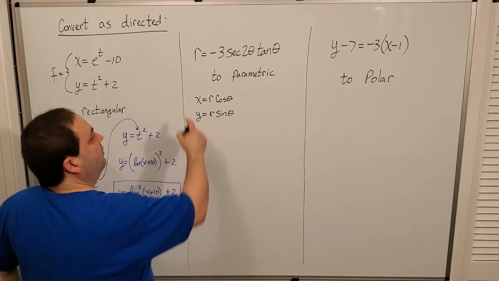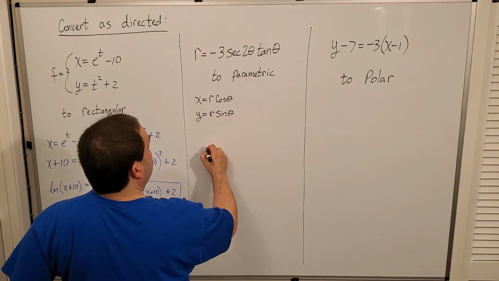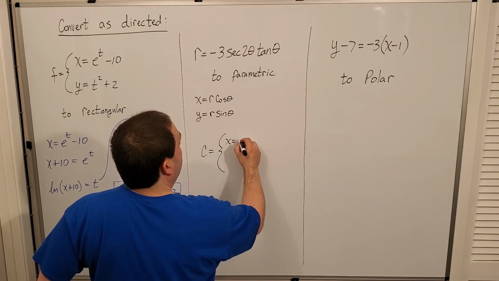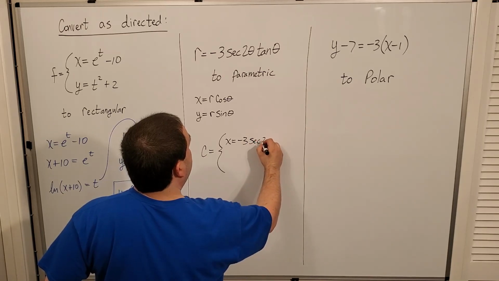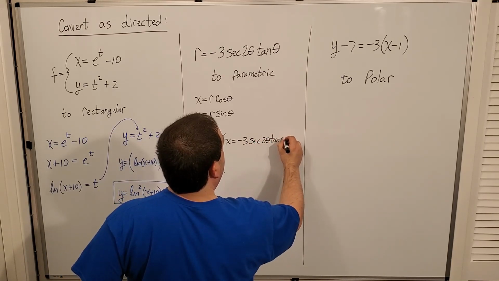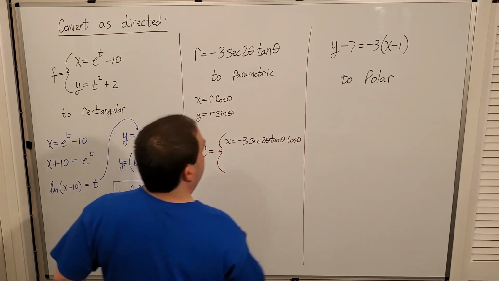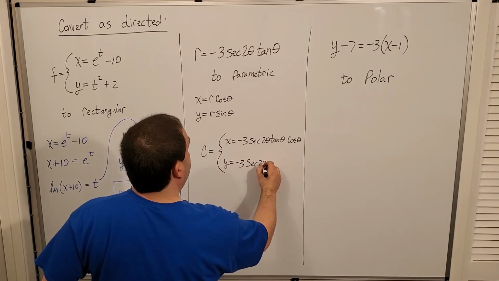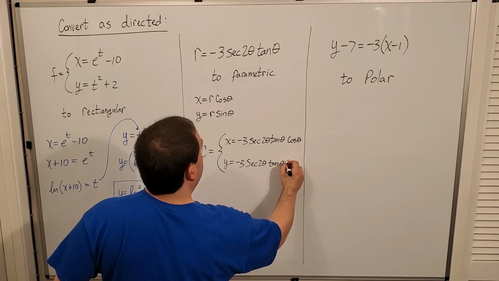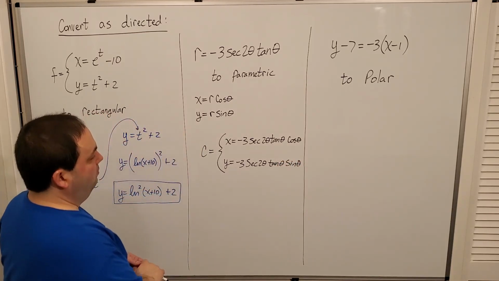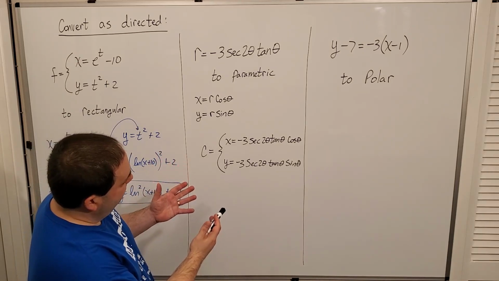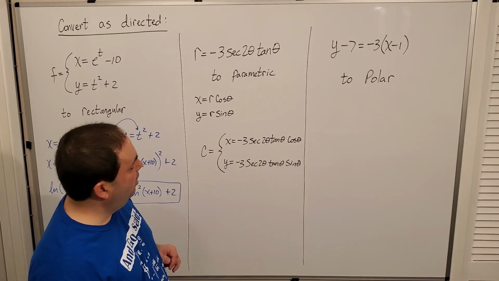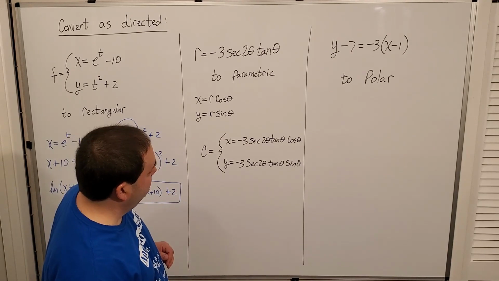So a parametric version of this curve, I would say c is equal to where x is going to be -3 secant 2 theta tangent theta cosine theta, and y would be -3 secant 2 theta tangent theta sine theta. And then you could reduce as necessary here, and then limit your domain of the theta value as necessary as well.